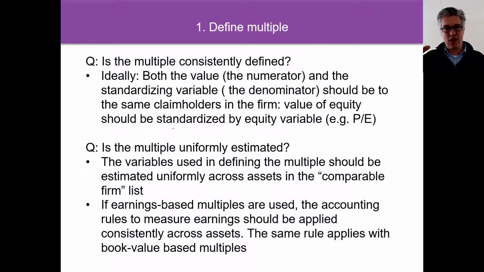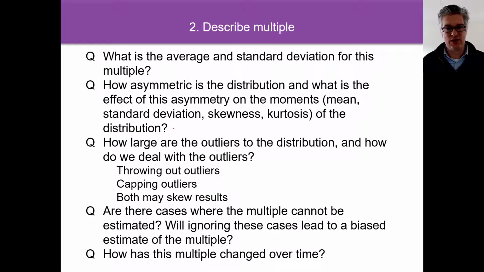So if you're looking at firms in multiple countries, in principle, this doesn't have to be a problem because you're standardizing all these variables. But for instance, if there are accounting differences between those firms, then the PE ratio that you're estimating for one firm may not be the same as the PE ratio you're estimating for another firm, because for instance, net income is slightly differently defined. So make sure that it's consistent.